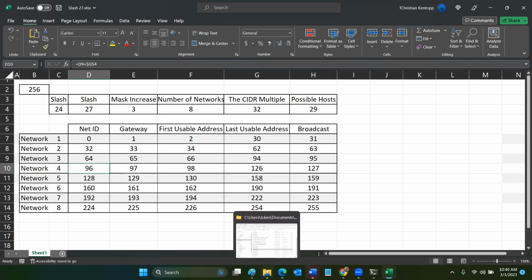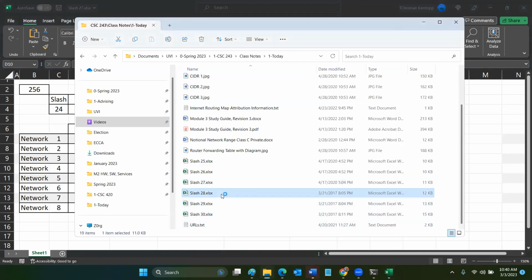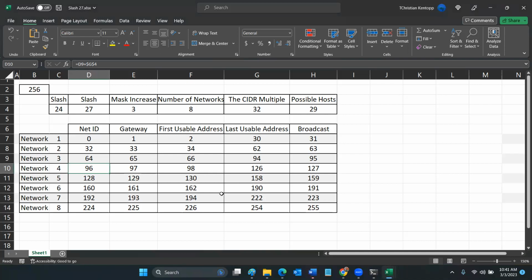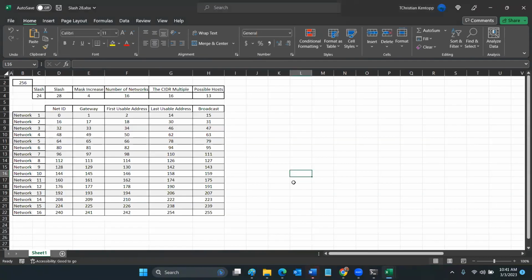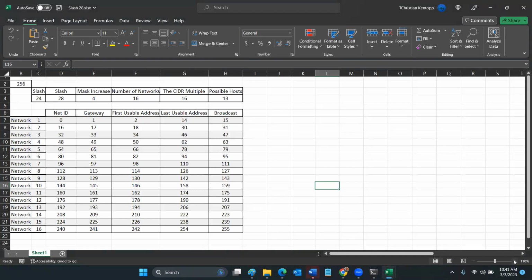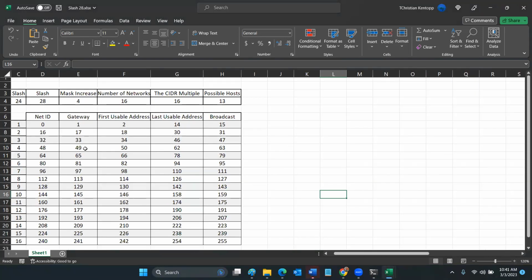Let's look at /28. I will post each of these in the references folder so you can see them. Everybody see this? Yeah. So I go from /24 to /28. That's an increase of 4 ones in my subnet mask.